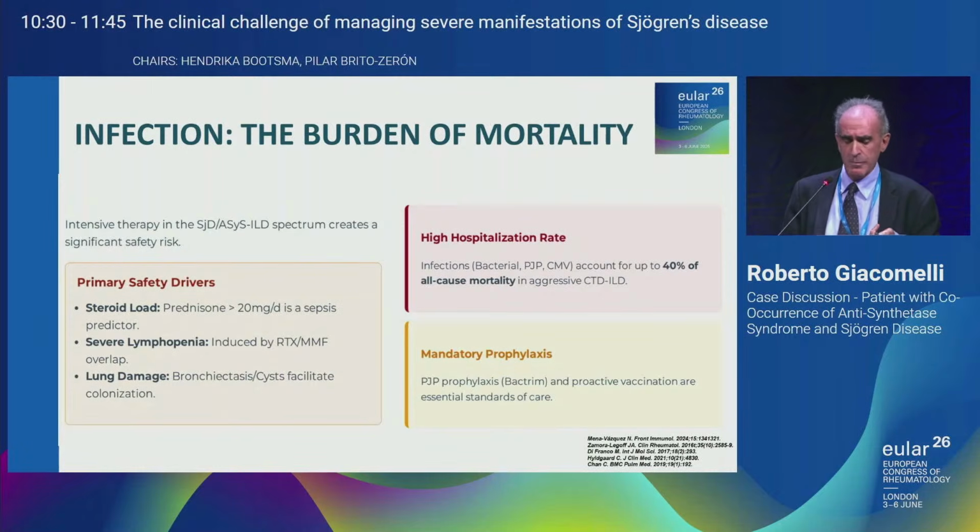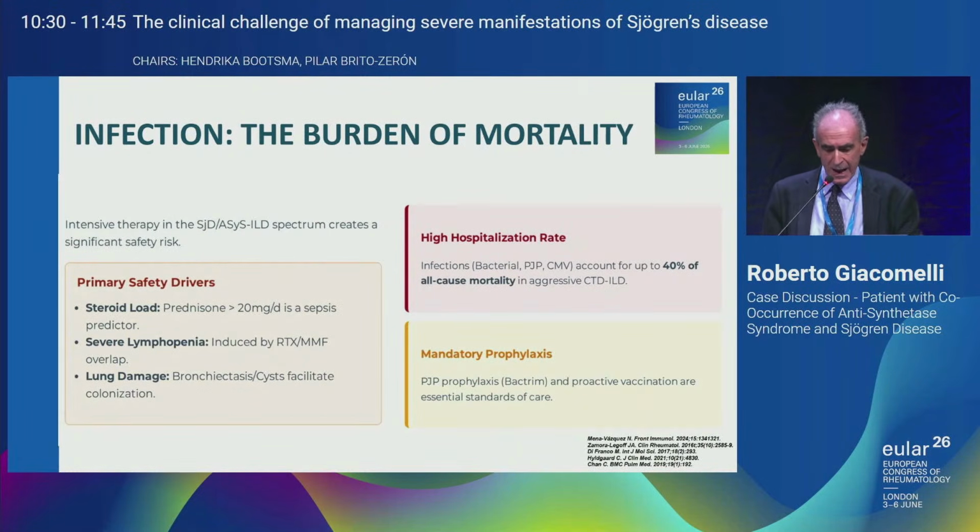But coming back to our patients, infection is a real burden for the mortality of the patients. The intensive immunological therapy for the treatment creates, of course, a significant infectious risk for these patients. And we analyzed in our cohort the risk of infections, and we observed that the load of steroids, the severe lymphopenia that may be induced by the treatment, and the pre-existing lung damage are drivers of infection in this kind of patients.